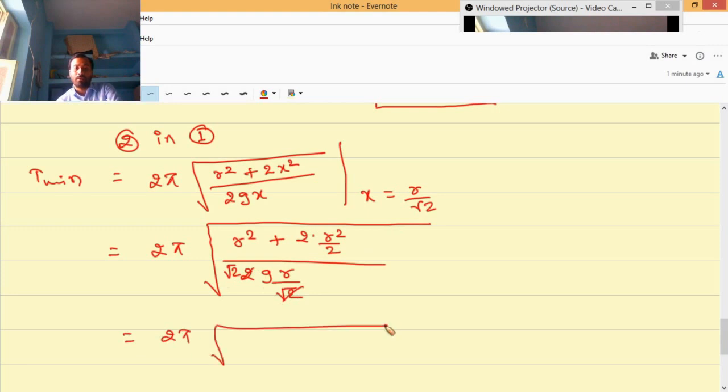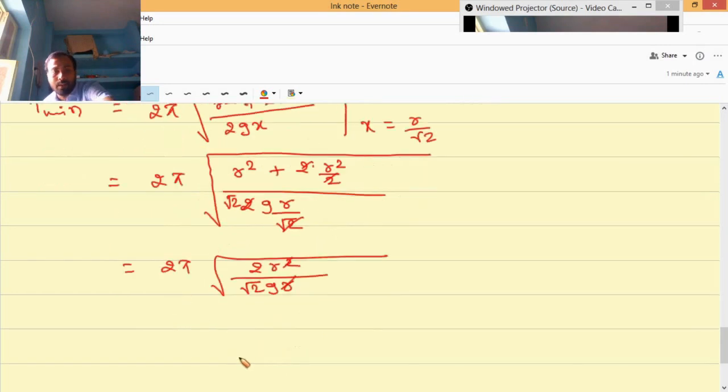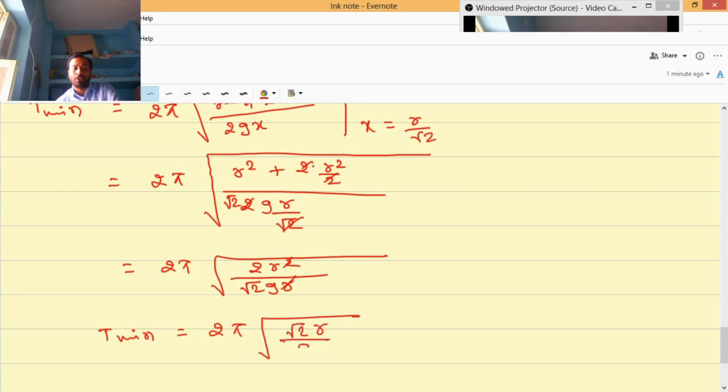So it will be 2 pi under root, this term will be cancelled, so 2 r square divided by root 2 gr. So the r value will be cancelled. So t minimum value will be 2 pi under root root 2 r by g. So this should be the value for t minimum.